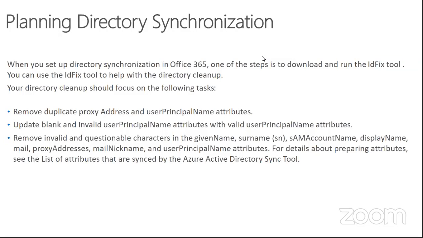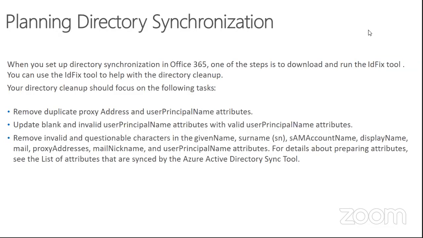Right. So when you're planning directory synchronization, there are a few factors to be taken care of, because herein we need to ensure that the set of identities being sourced from on-prem to cloud should be in sync. There are a few things to bear in mind when you're planning an implementation of directory synchronization, primarily the directory preparation and the other requirements and functionality of the Azure Active Directory.